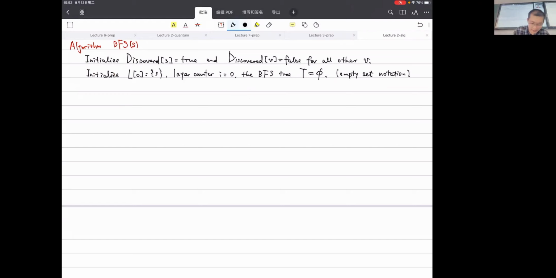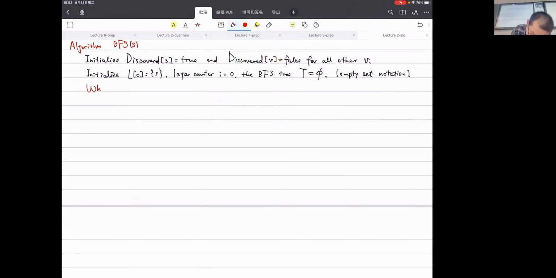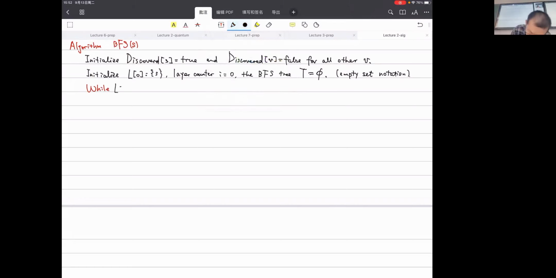Okay, so we consider an iterative algorithm that runs while Li is not empty. For instance, L0 is of course not empty because we have just started. If at a certain point you cannot add any further vertex, that basically means we have figured out the connected component, and that is the time you should stop.